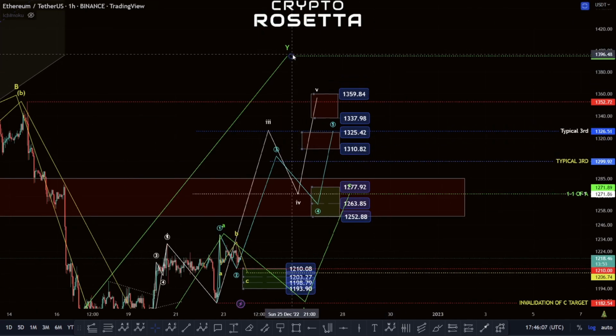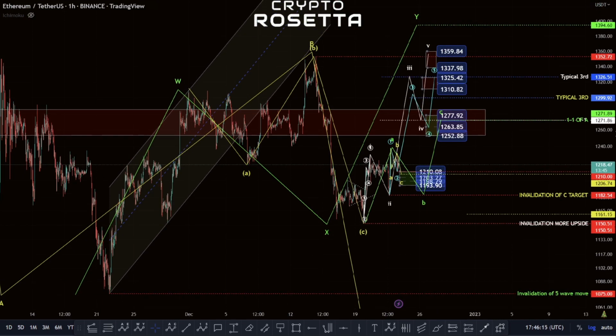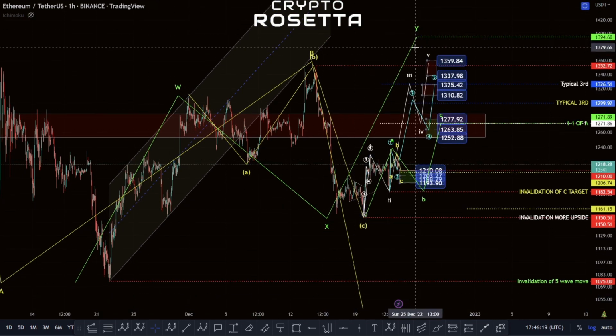This also then opens up the potential of trying to target this 1394 zone, which would be looking at this whole move here as a W, an X, and a Y to the upside.